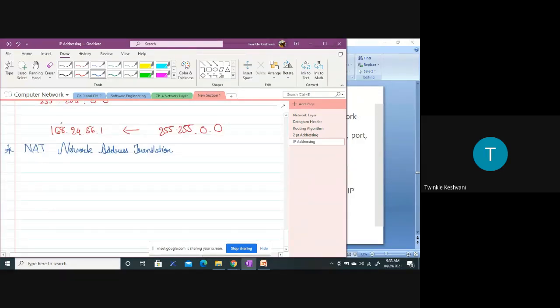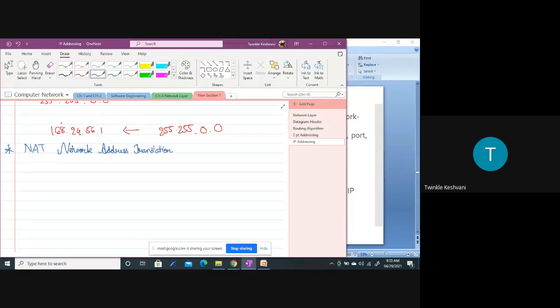Inside refers to the addresses which must be translated. Any host inside the network makes use of its local IP address, but when it moves outside the network, it makes use of another IP address. And for that, we need some translation. We need to follow some translation technique.